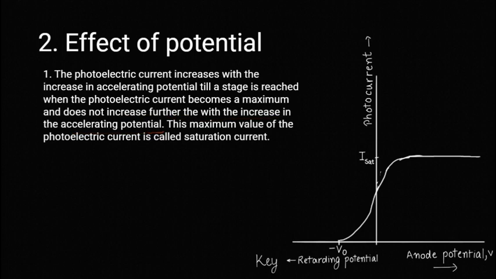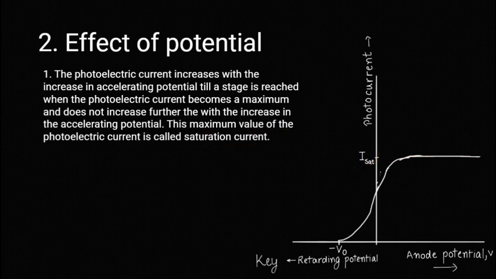So this part of the curve: as you increase the potential, the current also increases till it reaches a particular value of the current, beyond which the current does not increase further. And this maximum value of the photoelectric current is known as your saturation current.